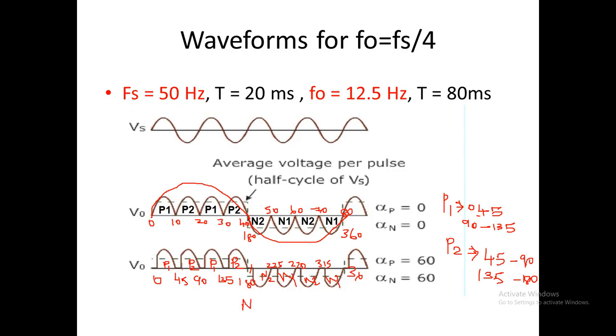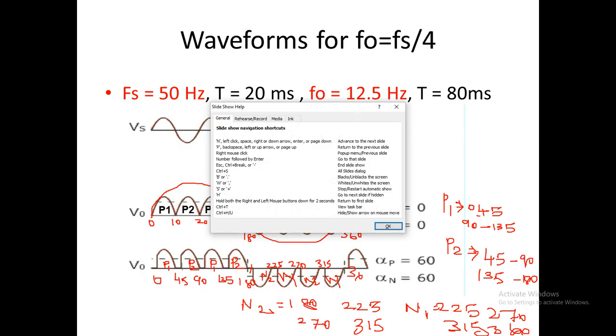Similarly for N2 it will be 180 to 225 and 270 to 315. And for N1, 225 to 270 and 315 to 360. So this will be your firing points, that is 4 points will be there.